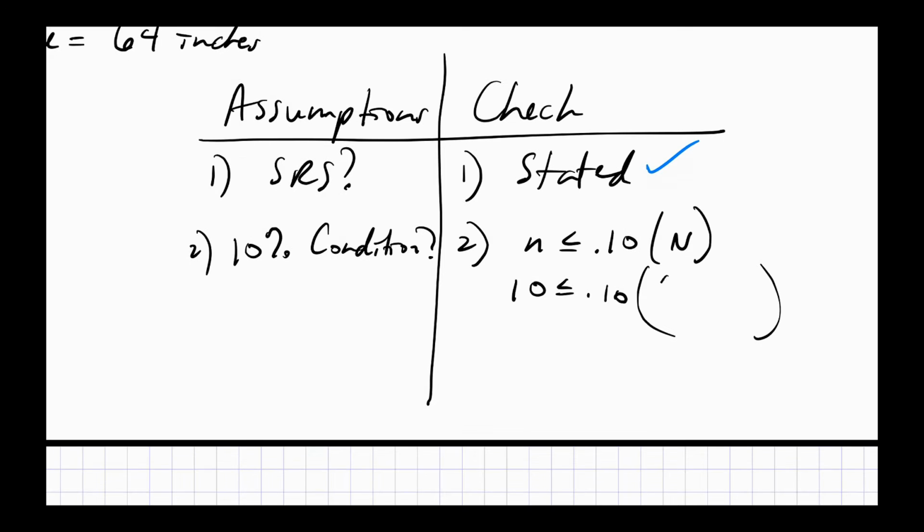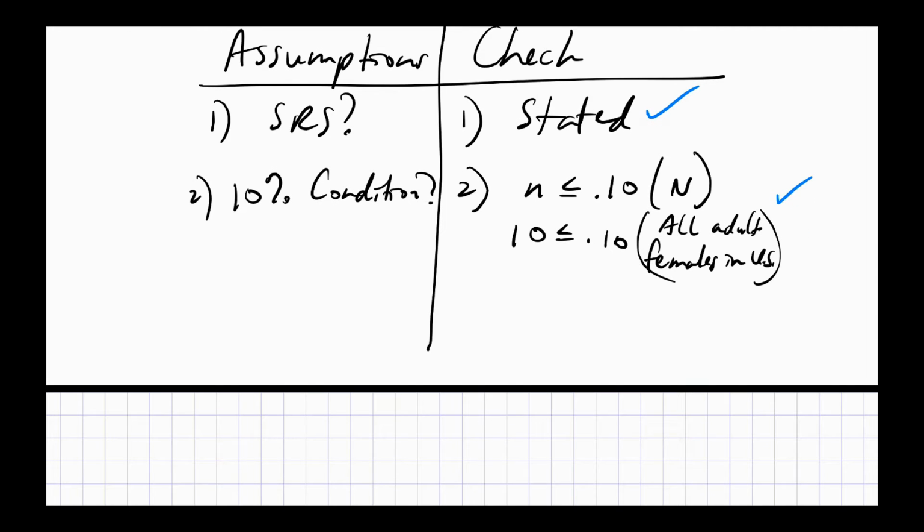All females in US. All adult females, I should say. Pretty confident saying we're okay there. Has to be bigger than 100. Pretty confident saying there are more than 100 adult females in the US. We don't have a number, so we don't put a number, but we at least label that.